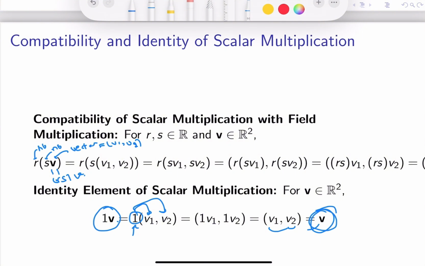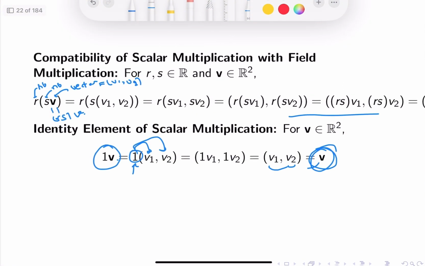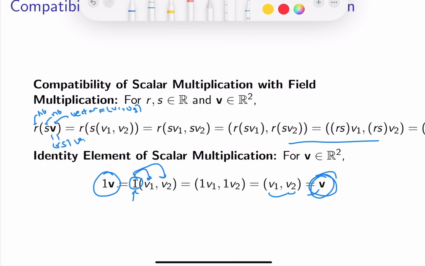These are easy to check, just expand things, and I'm leaving here a partial solution to each and every one of these, so you can look at these. And this completes the definition of vector space and the proof.